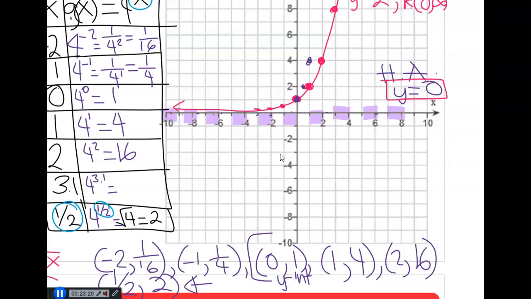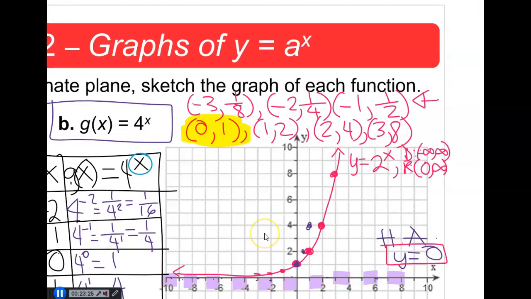And then 2, 16. Now that one is out of the range here, but maybe we could find it. If here's 10, we will have 1, 2, 3, 4, 5, 6. Oh, but then we need to go 4 in this direction. 1, 2, 3, 4. Well, so it could be like right here.